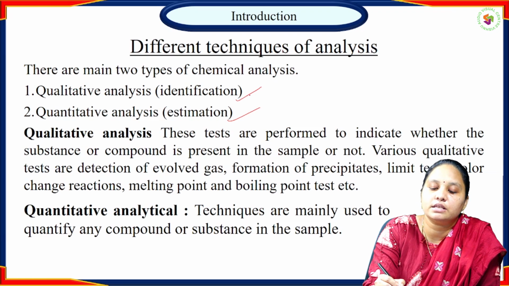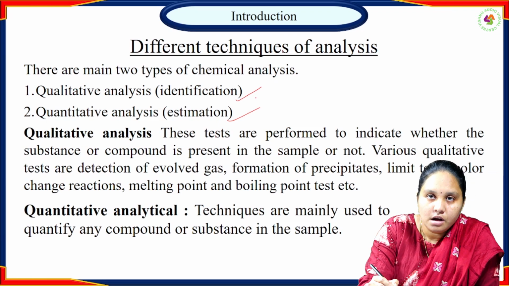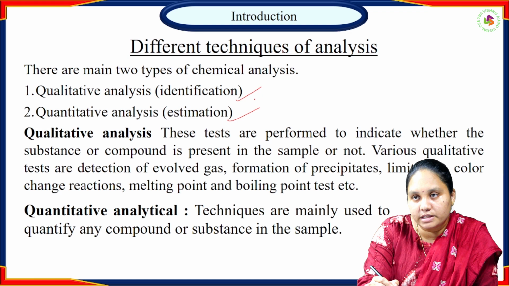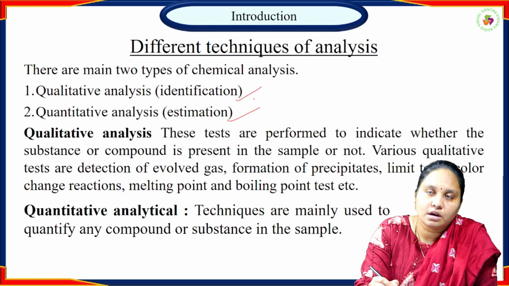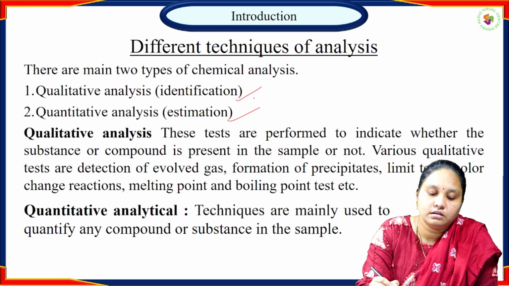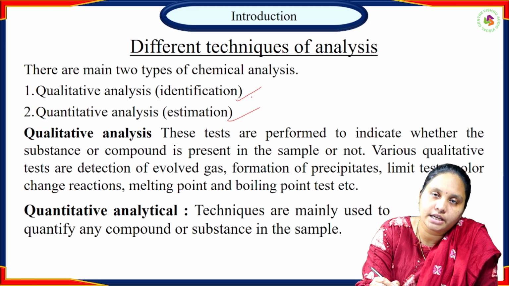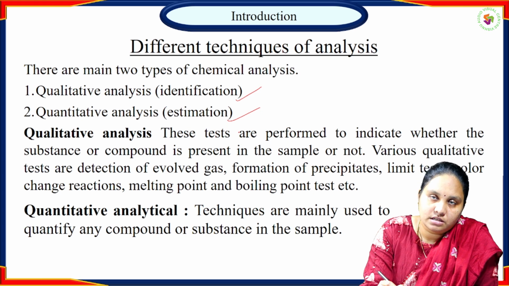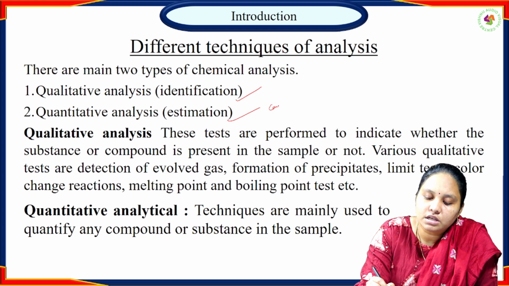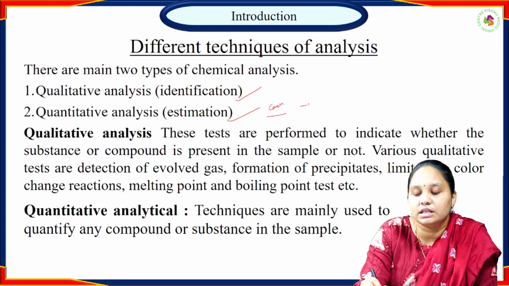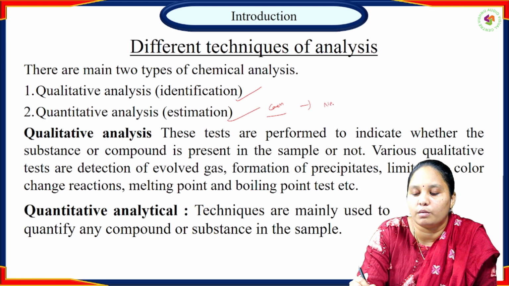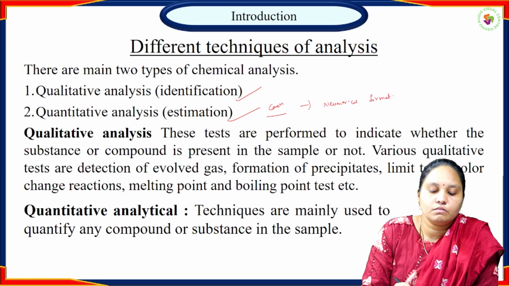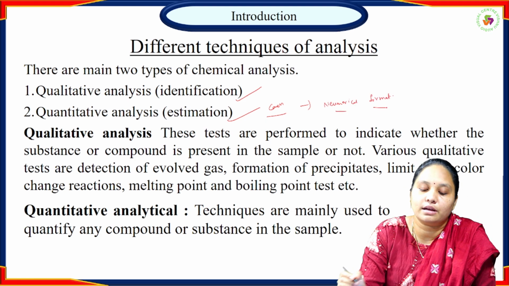In qualitative analysis, it means identification of the compound, which functional group is present in that, which type of excipients are there. This identification is done by qualitative analysis. In quantitative analysis, it's an estimation. How much concentration is there? Always it is denoted in a numerical format.